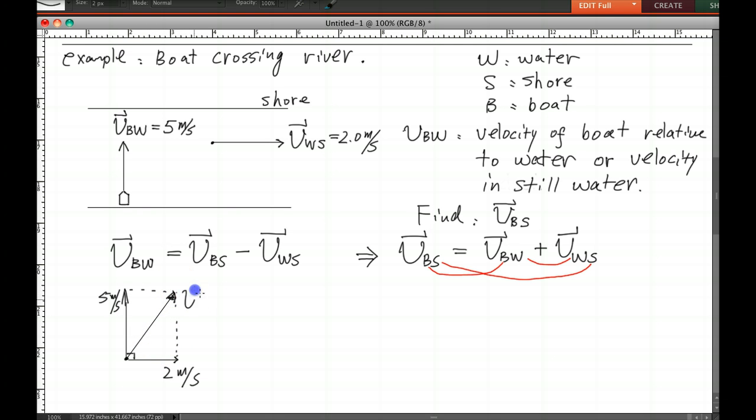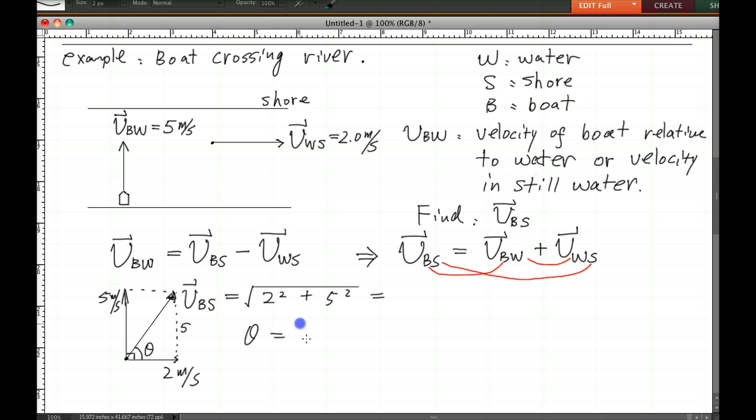So this should be the V boat relative to the shore. Okay, again, look at one of the triangles. This is a 5, this is 2. So this one would simply be two squared plus 5 squared equals, and this is the angle we need to find out.